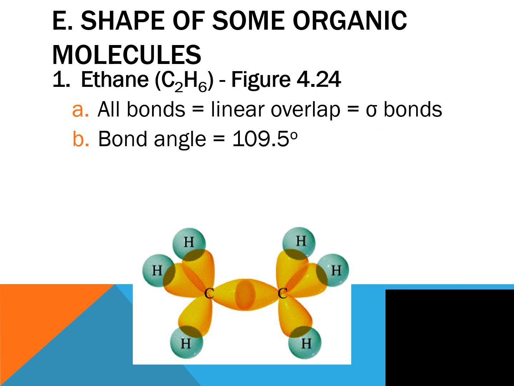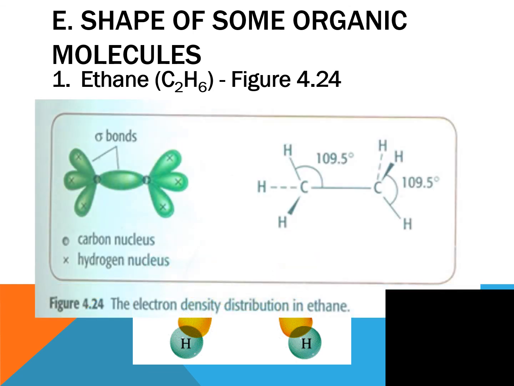So what happens in organic molecules? The same rule applies. Look at how many bonds there are. There are 4 bonds in ethane. So 4 bonds, all sigma. That means it's going to be tetrahedral. There's no lone pairs, so it's going to be 109.5.